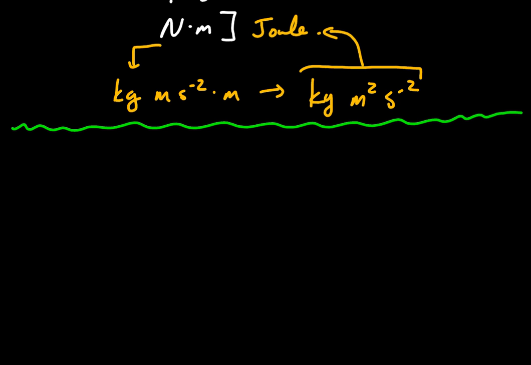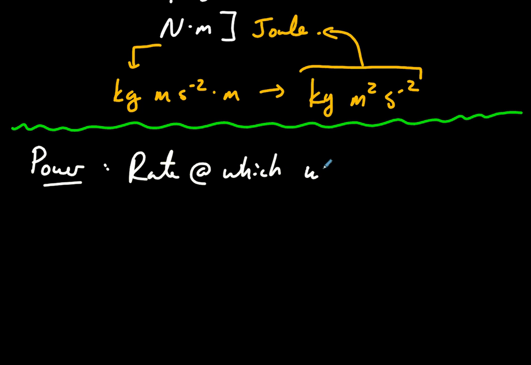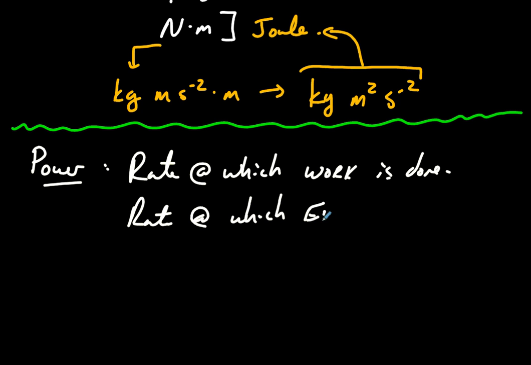Okay, so just quickly mention power. So this is the rate at which, you can either look at it as the rate at which work is done, or you could also look at it as, and we'll see why this is essentially the same thing, the rate at which energy is consumed.